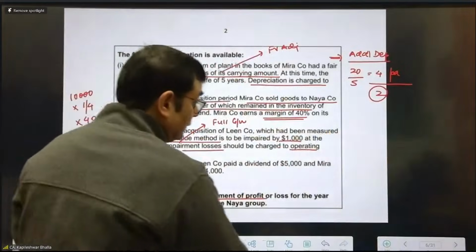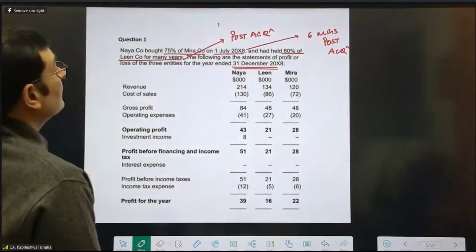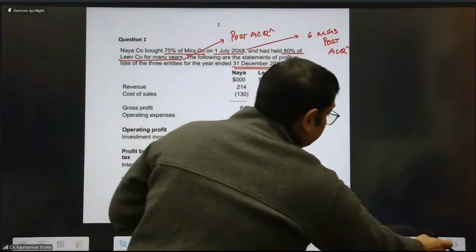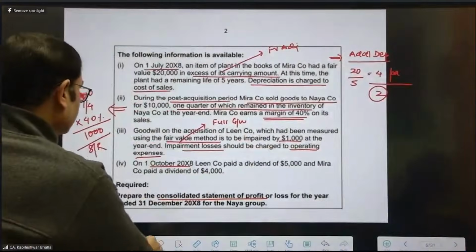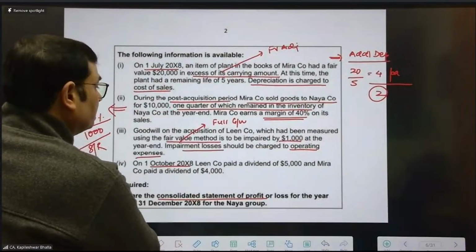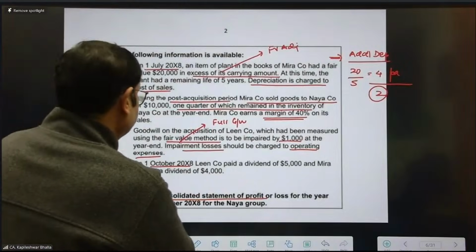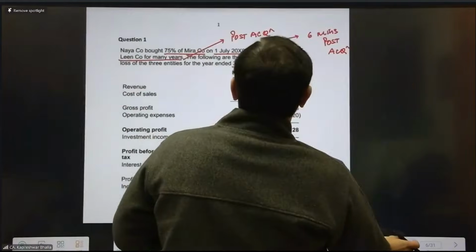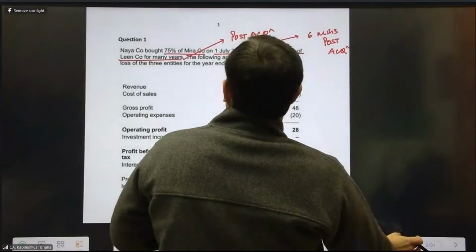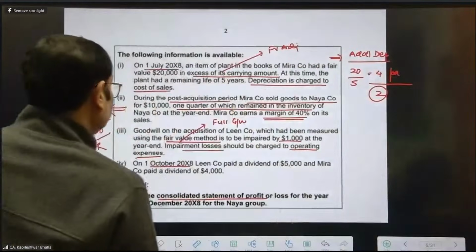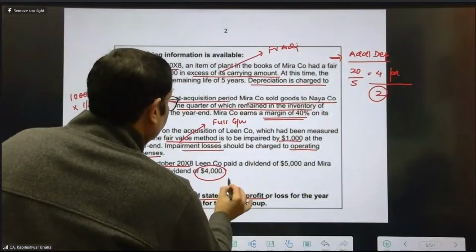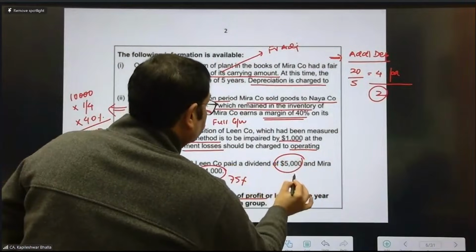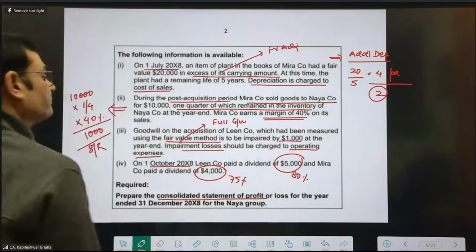So let's see the percentage. It has got 75% in Mira and 80% in Lean. So 75% of this would be received and 80% of this would be received.